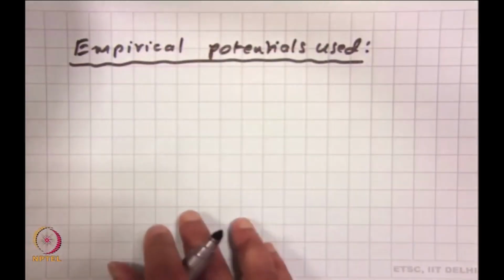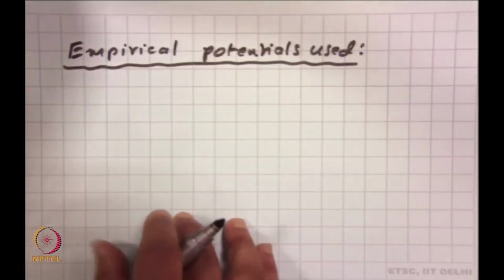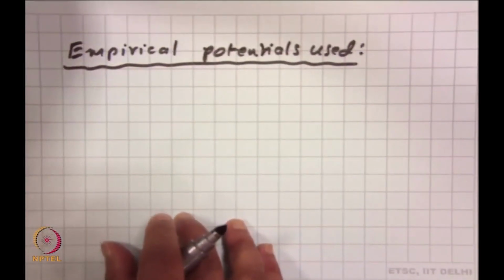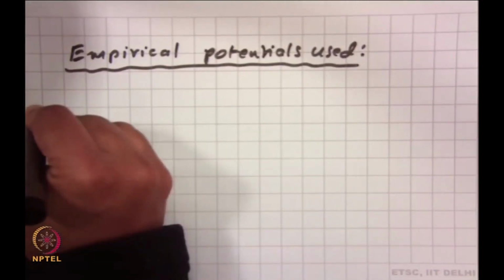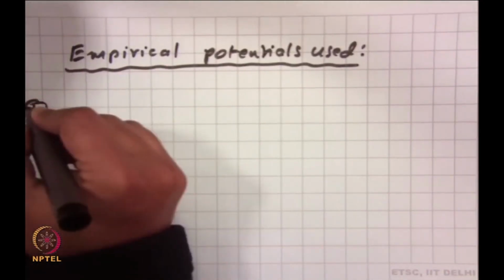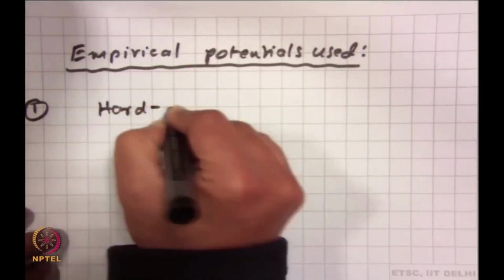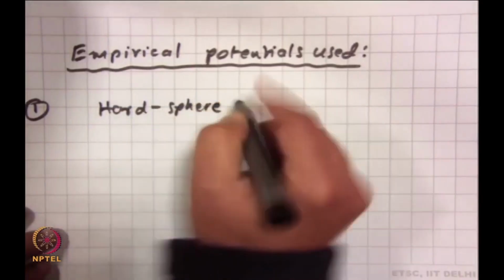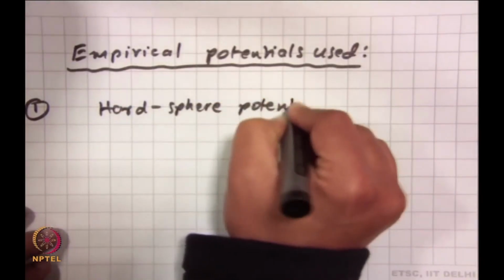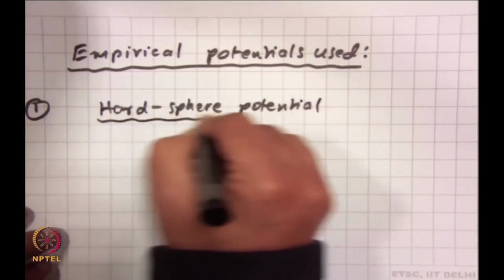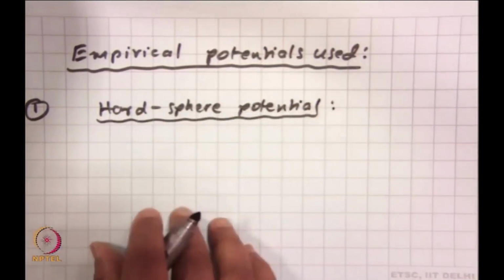We will just go through it. Let us look at the first and simplest one, which is referred to as a hard sphere potential.